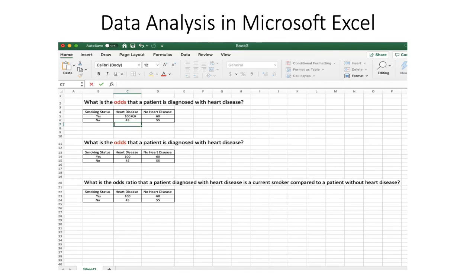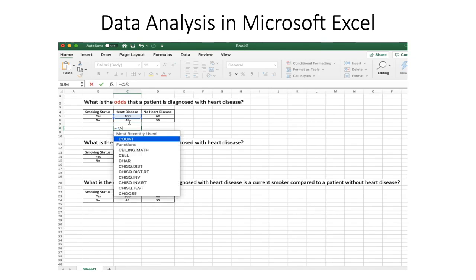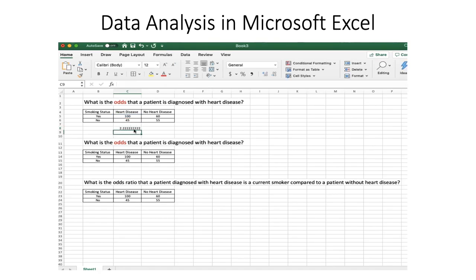Here, 100 is located in the C5 section. So we put an equal sign because we want to compute this information. So it's C5, and then we want to divide it by, over here, C6. And that gives us 2.22 for the odds.